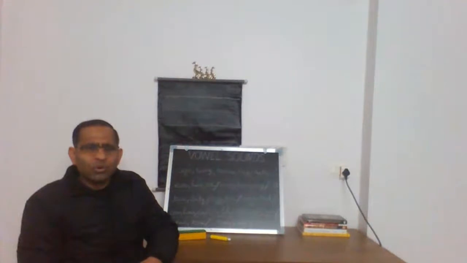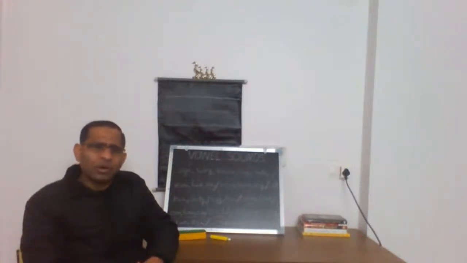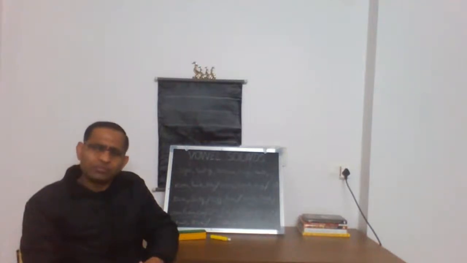So, out of these 44 sounds in English phonetics, we have 20 vowel sounds and 24 consonant sounds. I would like to add here that recently two vowel sounds have been added to the 20 vowel sounds, but we shall talk about these two vowel sounds later on.